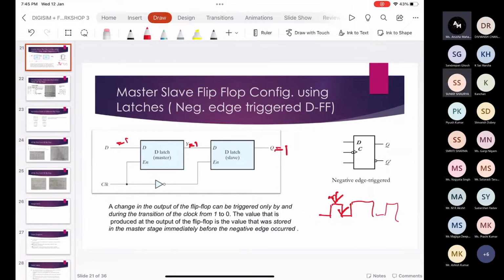So we can see when the clock transitions from 1 to 0, only then is the Q updated. This means that this is a negative edge triggered D flip flop. For making a positive edge triggered D flip flop, we just have to add a NOT gate here. Any questions?